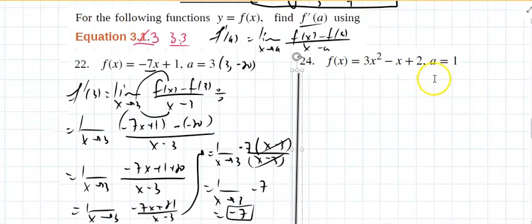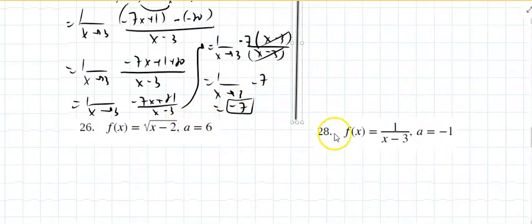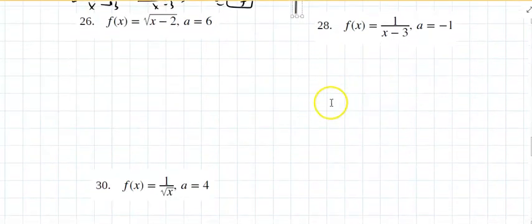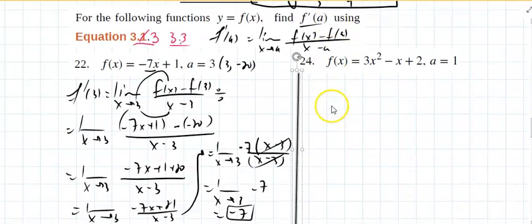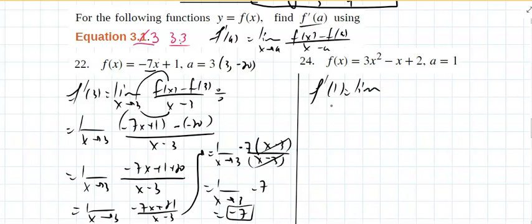So again, we're going to do the same. A linear, quadratic, radical, and a rational. So here, if I want to find f prime at 1, that's the limit as x approaches 1 of f of x minus f of 1 divided by x minus 1.